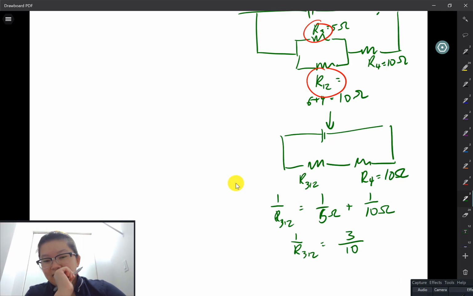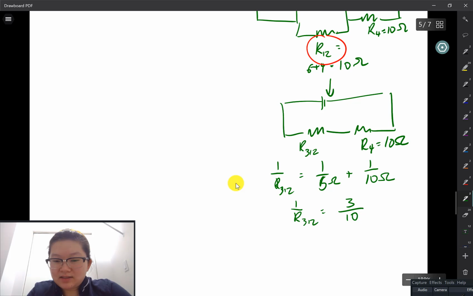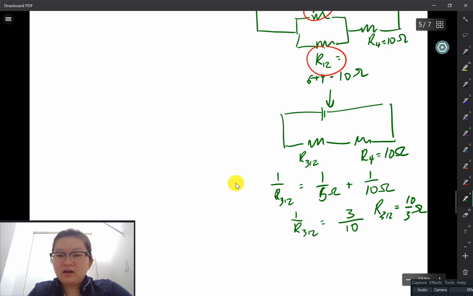Did I do the math right? Times 2, 2 plus 1 is 3, 3 over 10. Okay, which means that R312 is going to be equal to 10 over 3 ohms. So this here is 10 over 3 ohms.